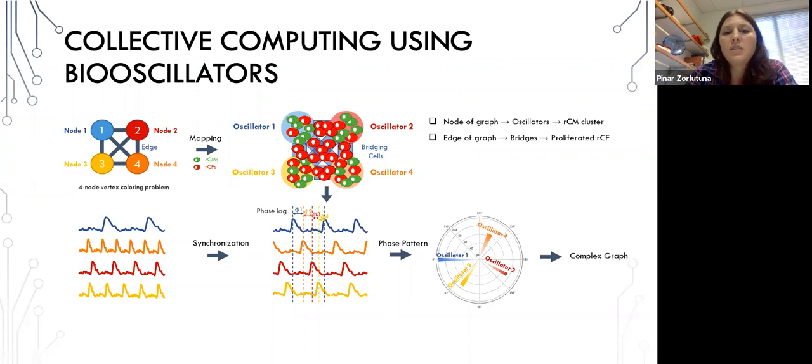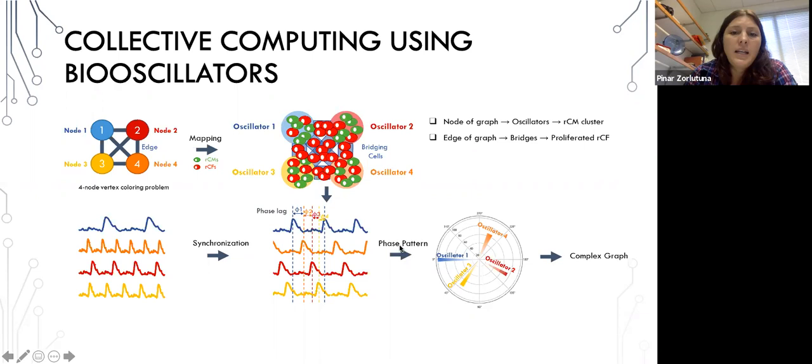So they are beating stably with a combination of about 30% fibroblasts and the rest cardiomyocytes, all confined to these nodes. And during the initial seeding, the bridges are blocked. And after the oscillators start beating, we remove the blockers at the bridges. And the fibroblasts in between the oscillators start to grow and connect these individual oscillators.